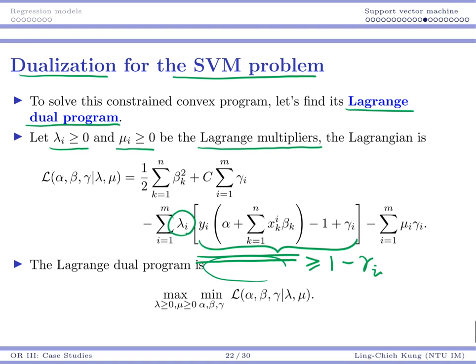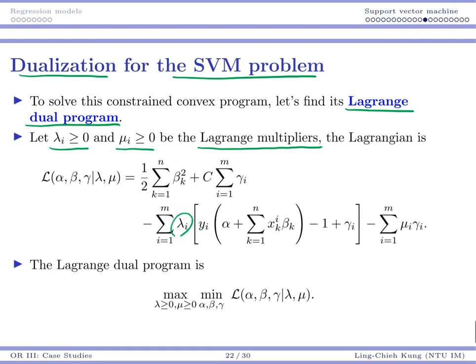So now you use the bigger side minus the smaller side. That's how you get the term inside the square brackets, and lambda i multiplies this gap. Mu i is multiplied by gamma i because you have a constraint saying that gamma i is non-negative, right? So that's how you get your Lagrange multipliers here.